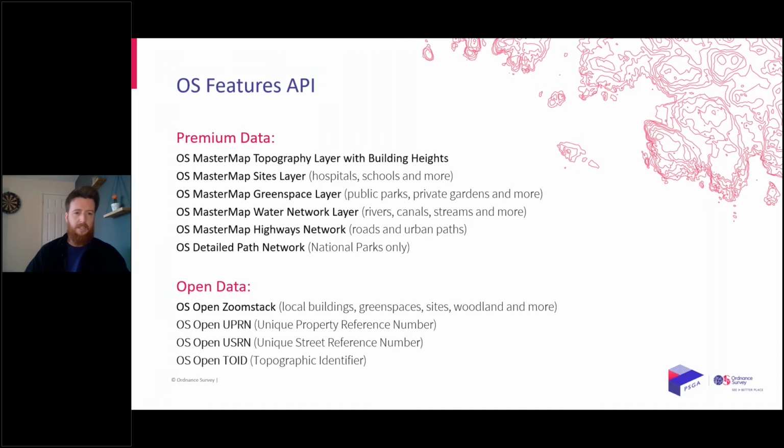And then on the open data side of things, it also includes all the layers of OS OpenMap Zoomstack, plus the open geometries and identifiers for the UPRNs, the USRNs, and the TOIDs. Next one, please.